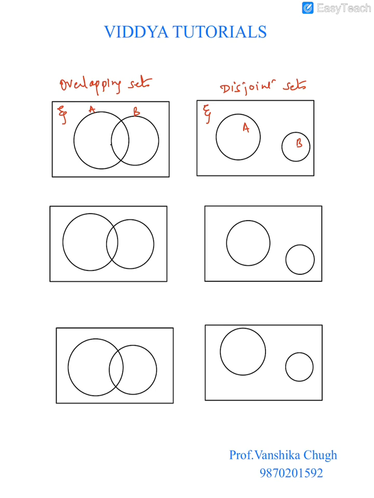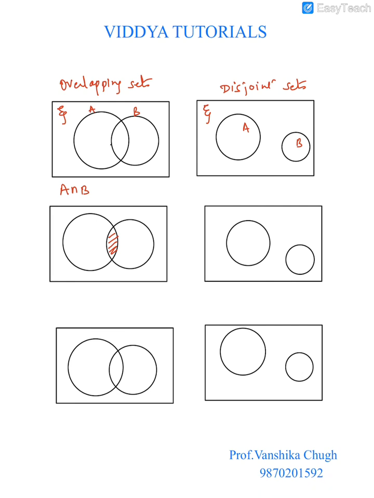Coming further, we will understand how to represent A intersection B in a Venn diagram for overlapping sets, that is, how to shade the A intersection B region. This is how you will show it. This portion is your A intersection B in case of overlapping sets.